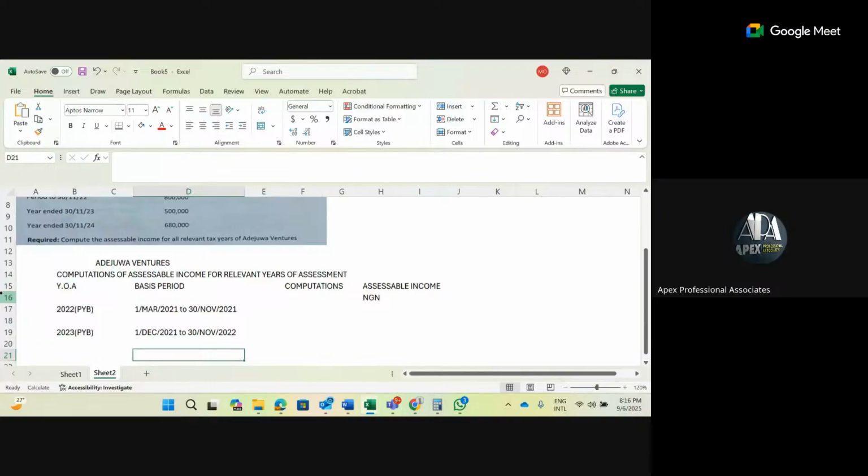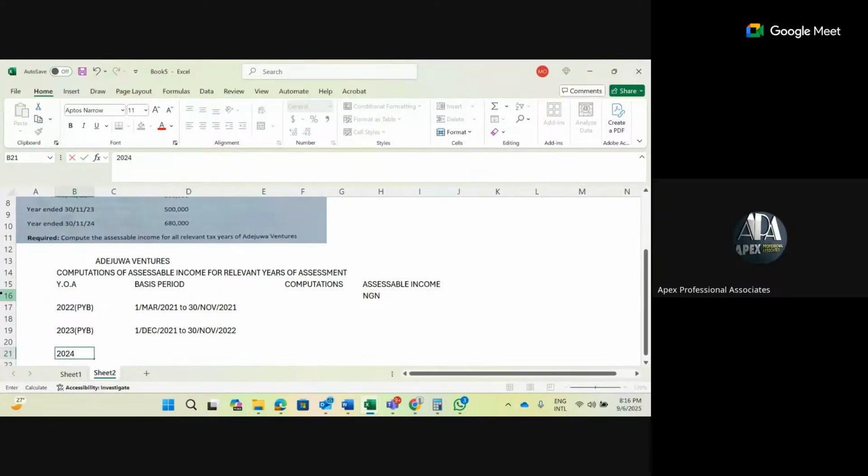The third year is going to be 2024 year of assessment, still on preceding year basis, and it's going to be from 1st of December 2022 to 30th of November 2023.